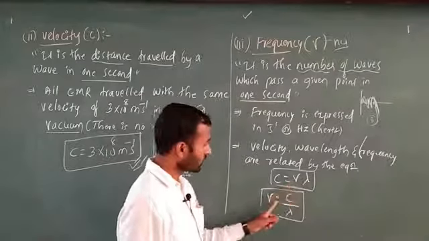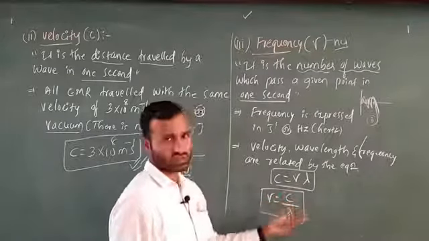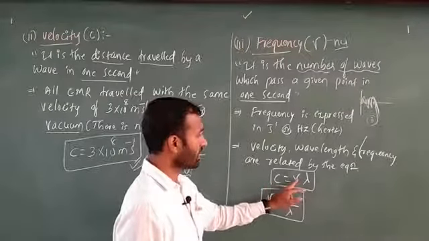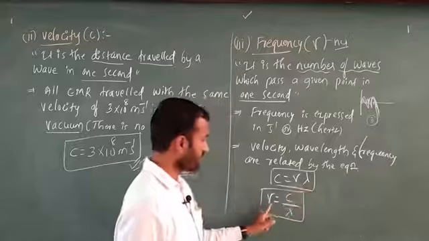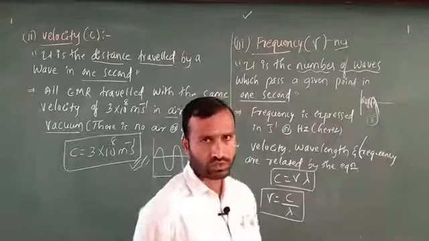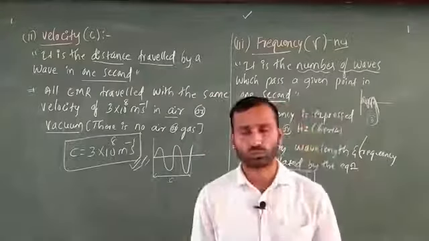If you want nu, it is C divided by lambda, so you modify this formula. The most important formula is C equal to nu lambda, otherwise nu equal to C by lambda. Wavelength, velocity and frequency, these 3 points are most important.